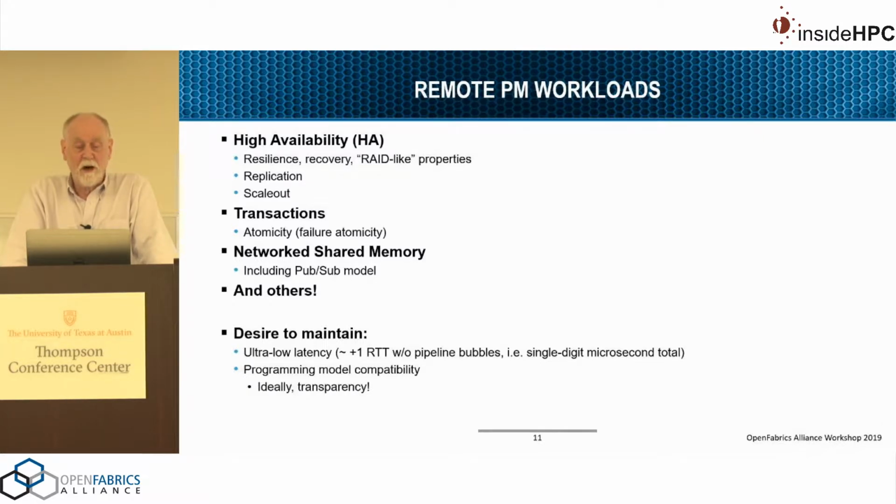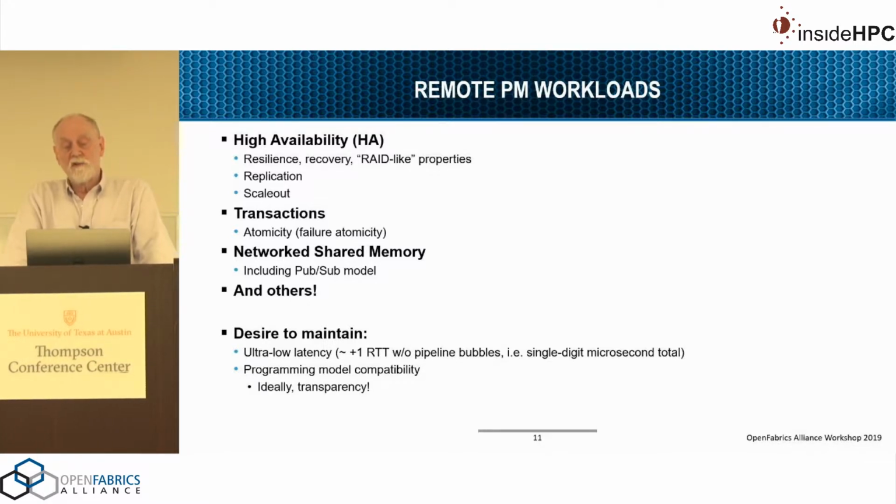Replication, that's the RAID-like property. Scale out, the ability to add devices and scale the capacity, performance, whatever you need, that sort of question. Those are all high availability questions. The SNIA, by the way, stands for Storage Networking Industry Association. So we understand that type of thing very well in our charter.